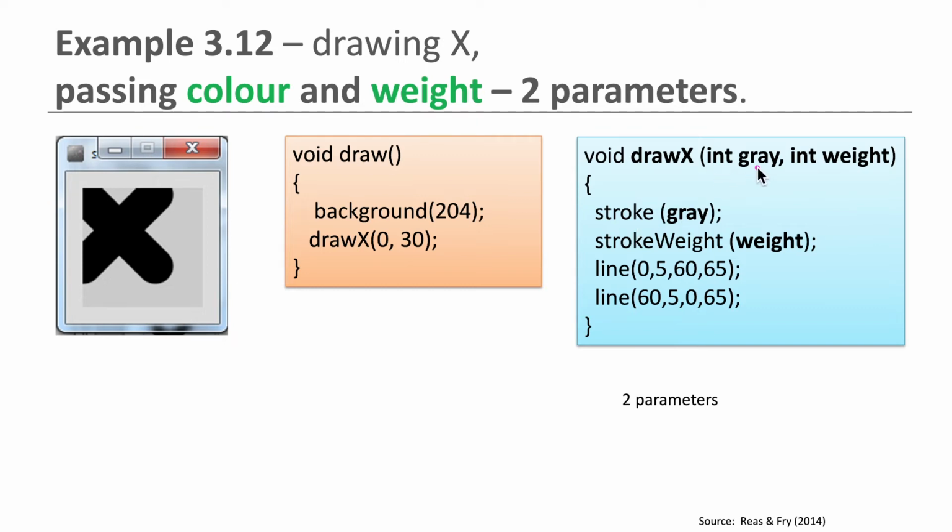Once those values come in, as before, the gray variable or parameter is used to specify the color. But now we're also using weight, so we can replace the hard-coded value for the stroke weight with a variable or parameter which changes every time it's called. So this allows us to use drawX to create X's that have different weights and different colors. And this example uses two parameters.